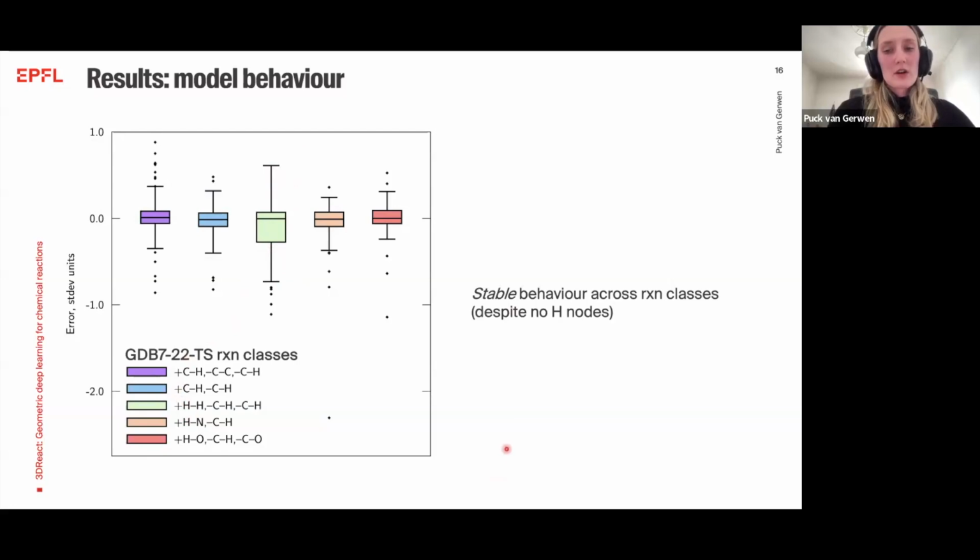And our model is not trained with explicit hydrogen nodes. We do this to save on compute time, but you can put the hydrogen nodes back in, and then you see that this resolves this behavior. But nevertheless, this is very stable. It doesn't seem to matter. It has basically the same performance regardless of what kind of reactions you're looking at, which is nice.